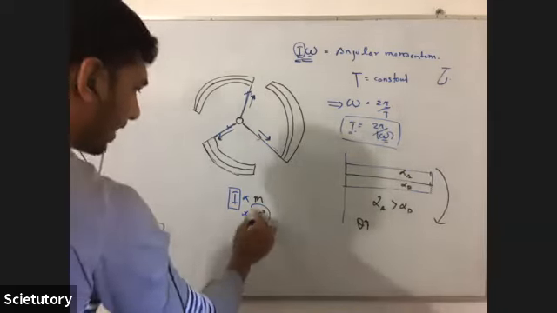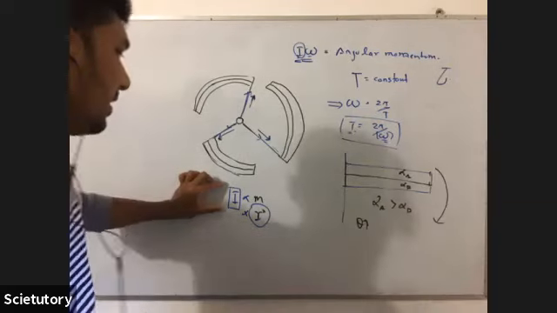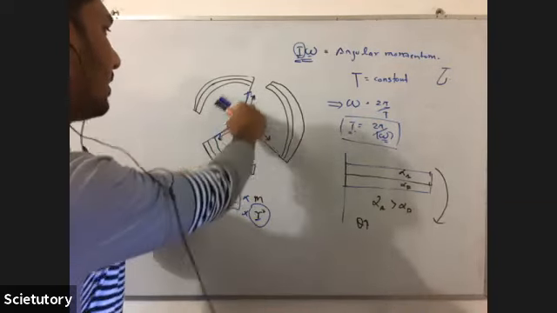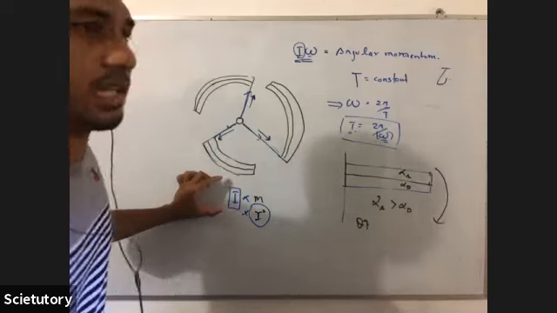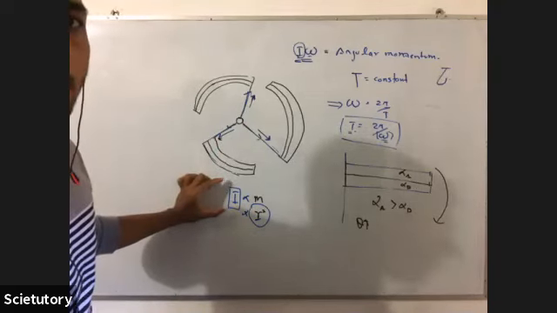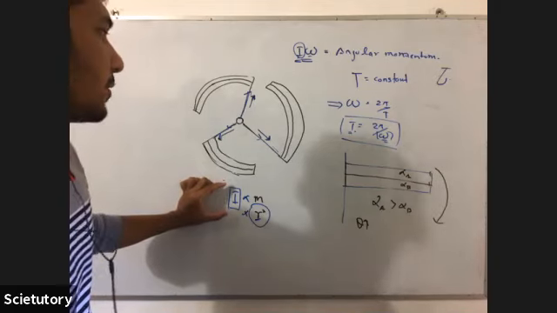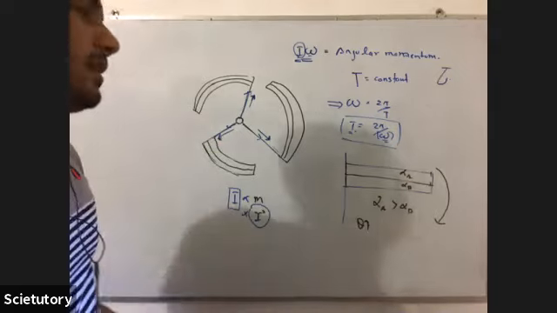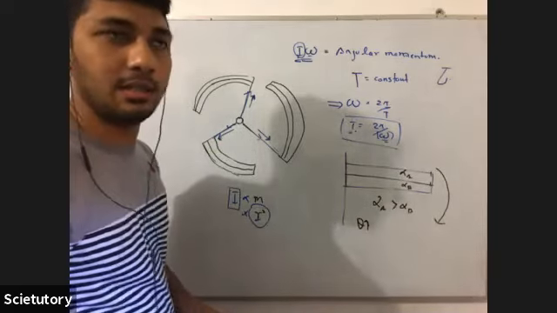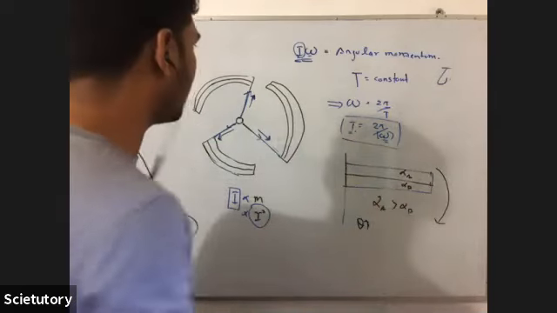So is there any chance for I to remain constant despite R increasing, like these metal strips are expanding? Is there any possibility? They are moved away from the center. There is a possibility for the masses to move towards the center also. How?